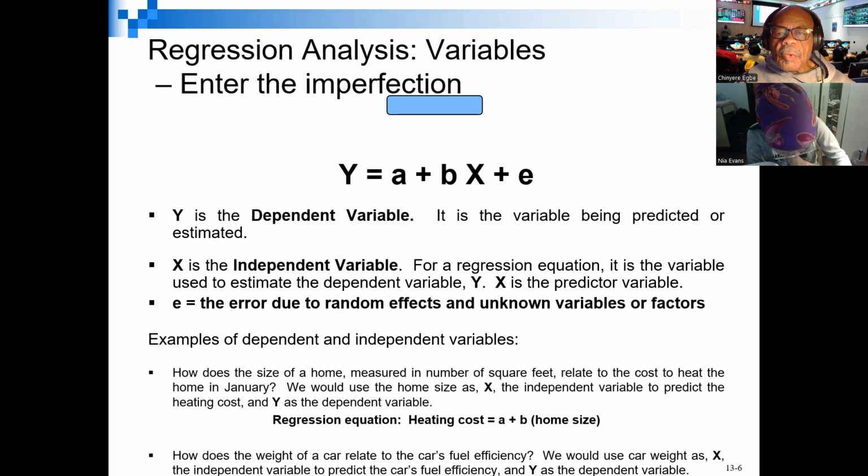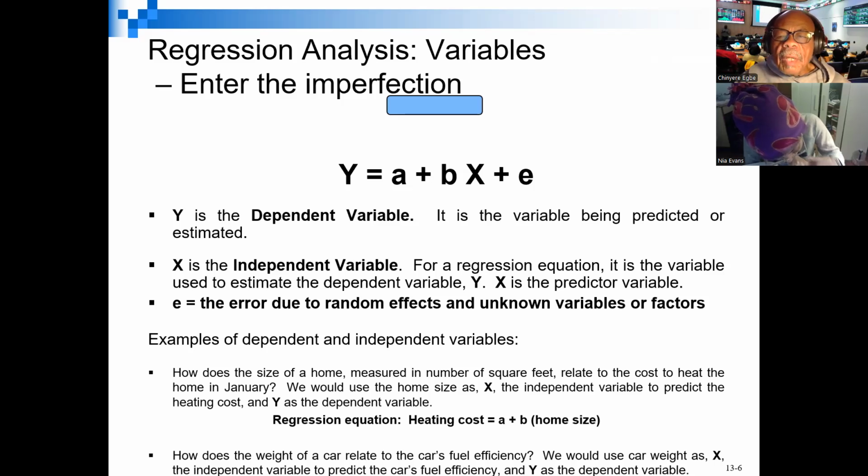So in regression analysis, we are dealing with what we call probabilistic data, okay? And so when we specify the equation of a line, we have Y is equal to A plus BX plus E. That's an error because it's not always that B is going to be exactly 3.